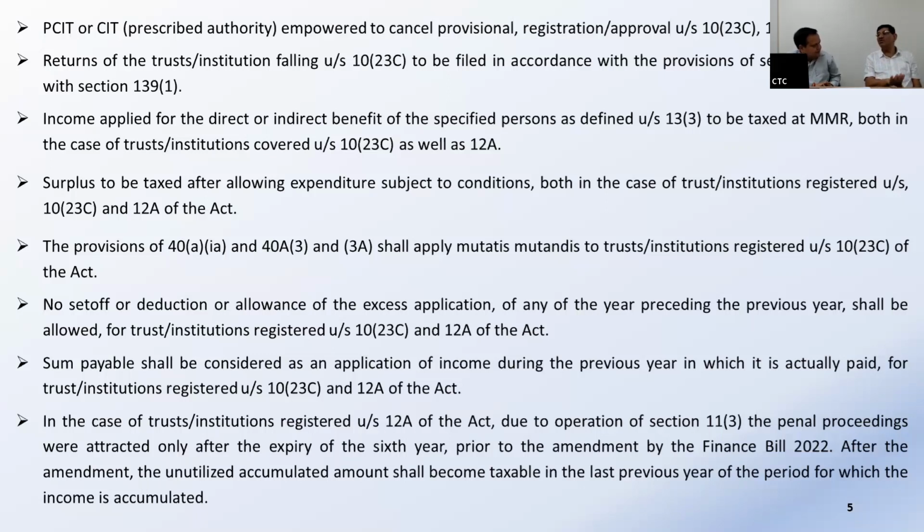However, the taxman's book says applicable from 1/4/23. So the taxman's book says it is applicable from assessment year 23-24, the next year.